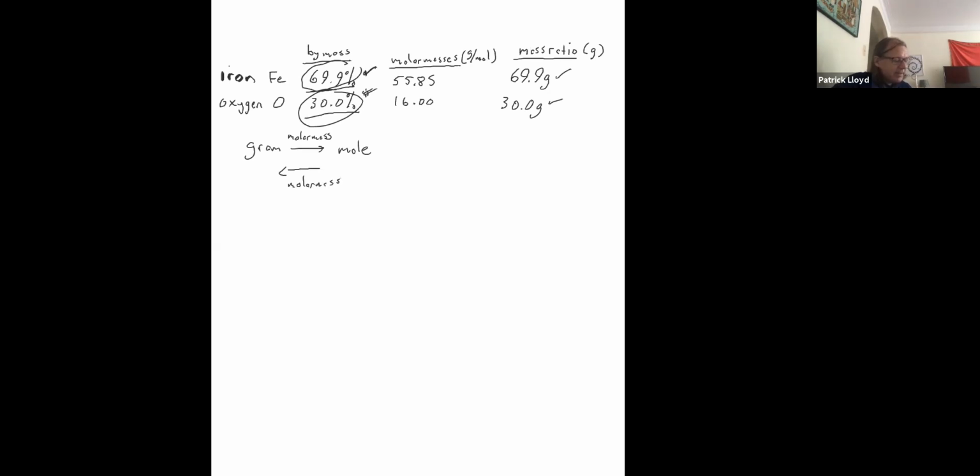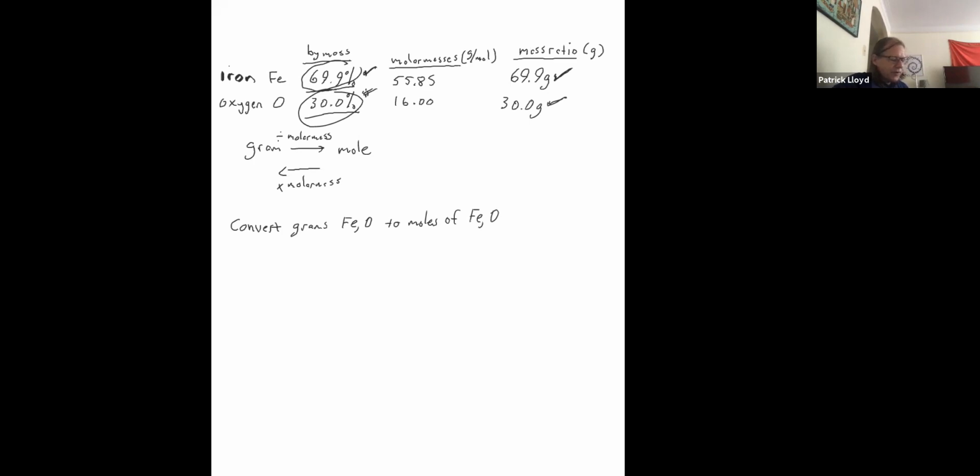If we're going from grams to moles, you divide by the molar mass, and if you're going from moles to grams, you multiply by the molar mass. So since these are in grams, we can convert them to moles. What we'll do here is convert these grams of iron and oxygen to moles of iron and oxygen, okay?